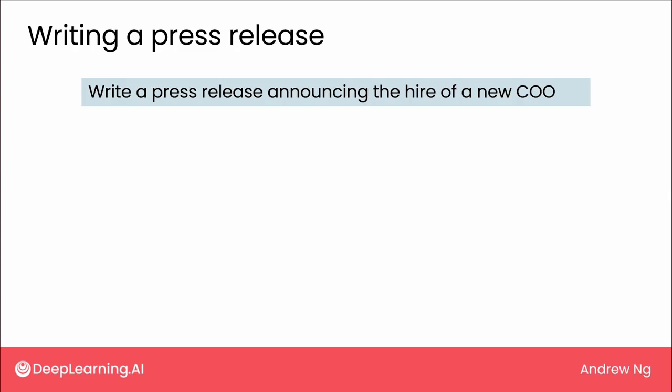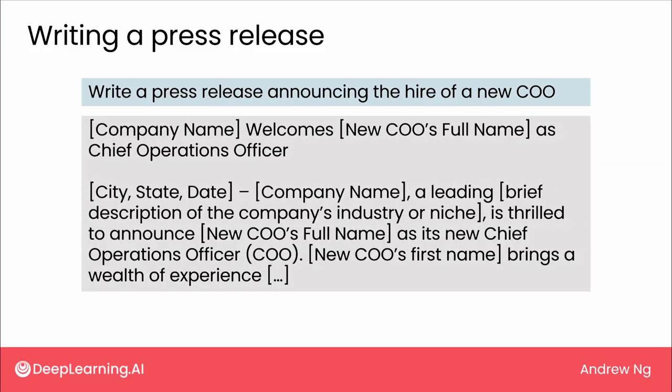You can also use a large language model, again maybe the web interface version, to write some copy for you. Let's start with an example. If you were to ask it to write a press release announcing the hire of a new COO, a new Chief Operating Officer for your company, it may come up with a piece of text like this. "Company name welcomes new COO's full name," and so on and so forth. And this is a pretty generic press release.